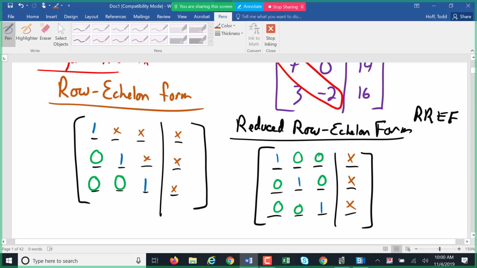The reduced row echelon form is way simpler if you can get the matrix in that form. So let's take a peek at how this works.